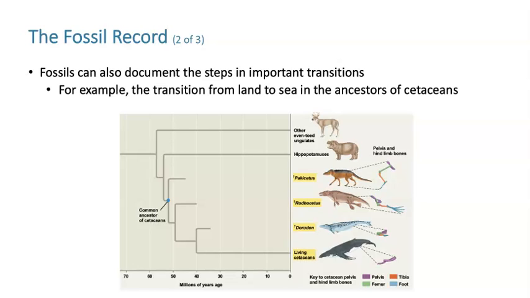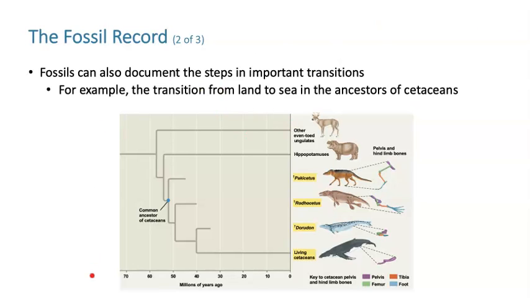So fossil records can show important steps in transitions from one organism to another. We were just talking about the even-toed ungulates and their transition from the land into the sea. We're talking about their bones, right? The bones in their limbs.